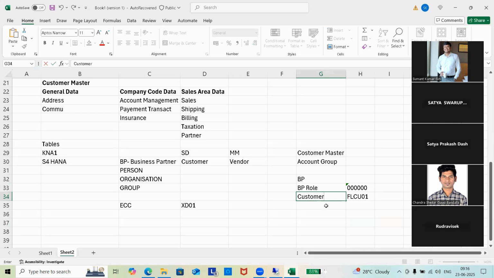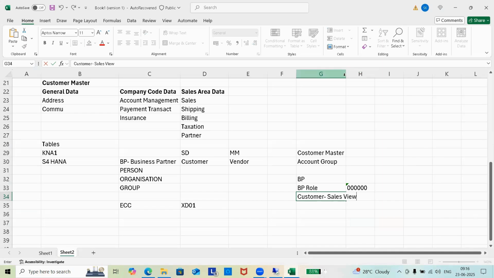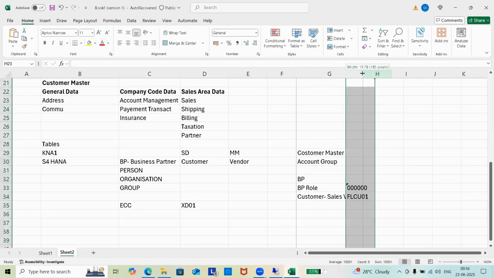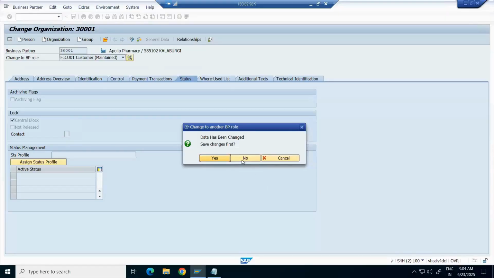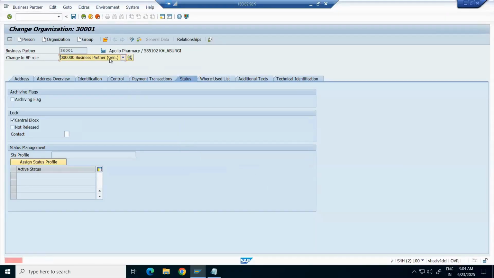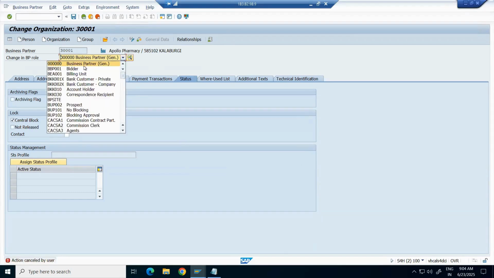Customer. But this is for the sales view. Okay. If we cancel this and go to another one, FLCU00. See this one. This is the FI customer. Okay.